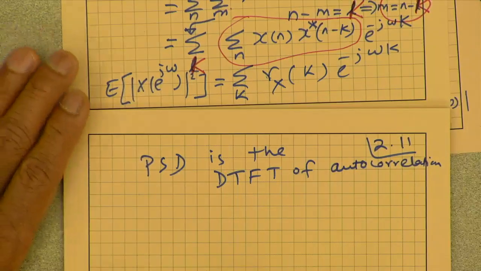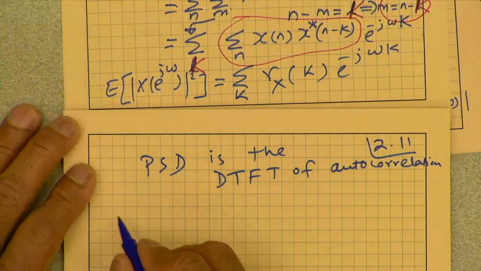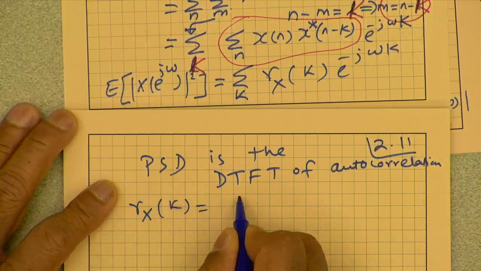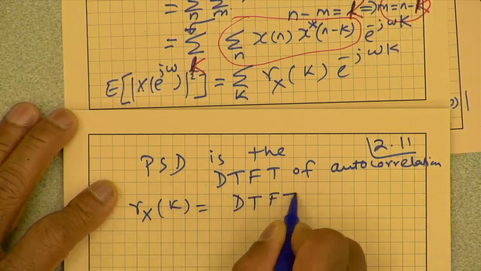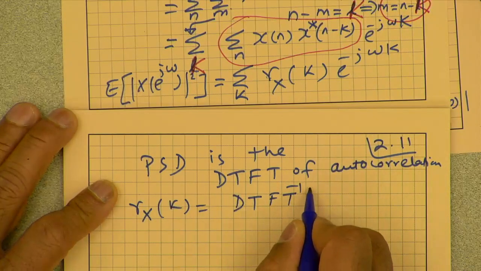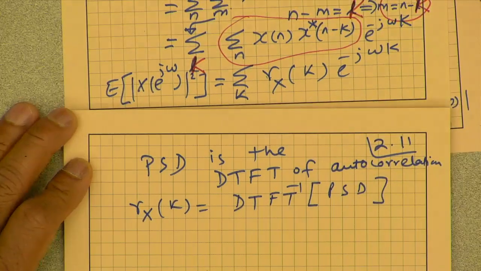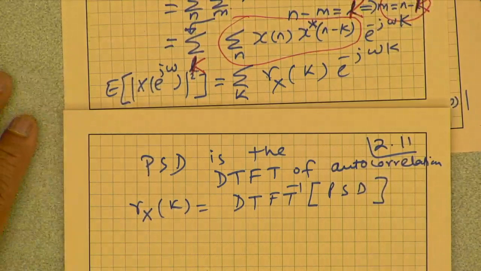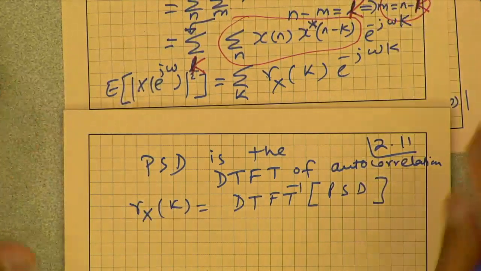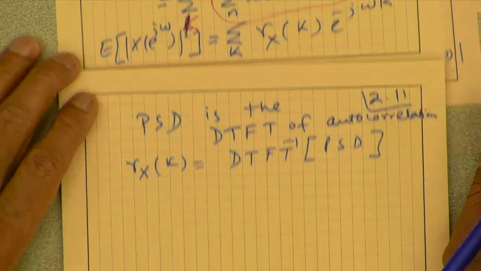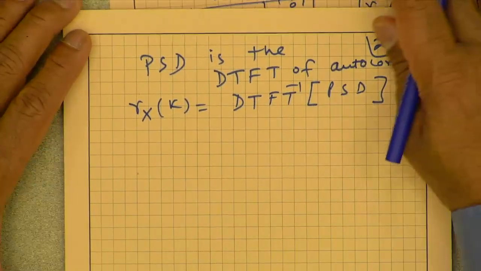Okay, so another way of saying that is the autocorrelation sequence is the inverse discrete time Fourier transform of the power spectral density. Okay, so that's the relationship between power spectral density and the autocorrelation function.